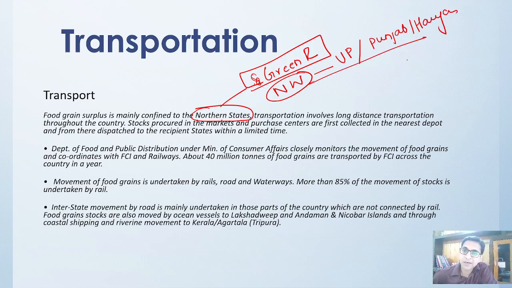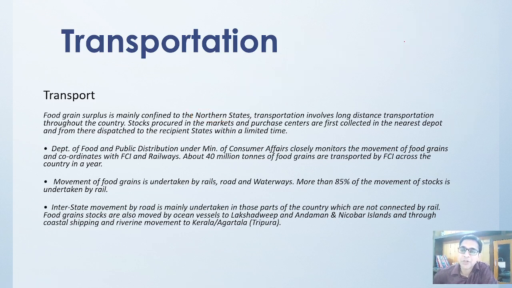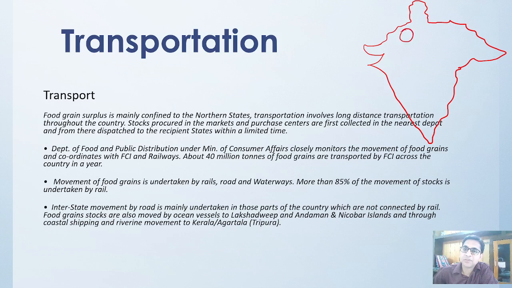If this is our India, and this is our northeast portion, sorry, just bear with my diagram. If this is the northwestern part of India, we need to transport this food grain to these parts.